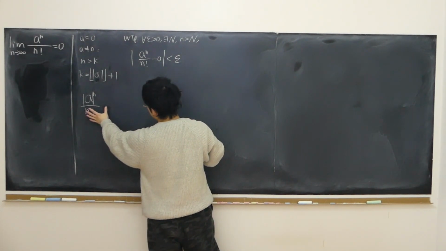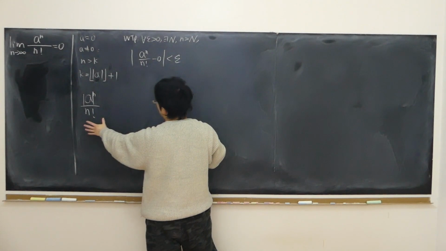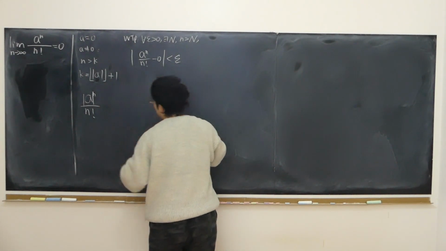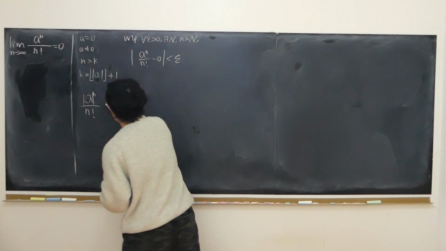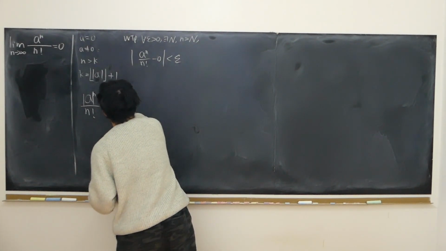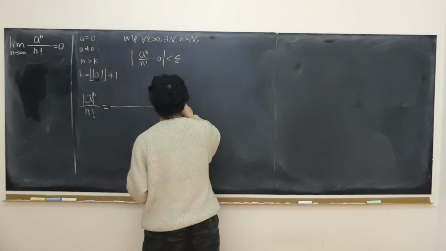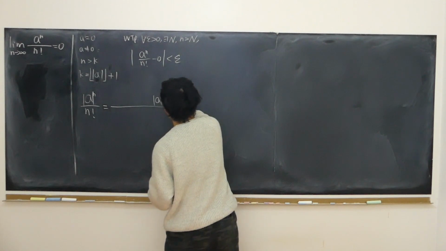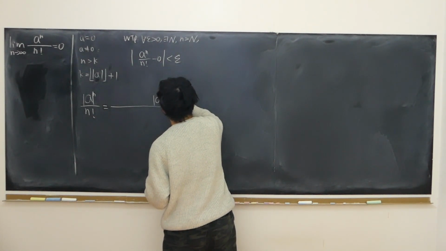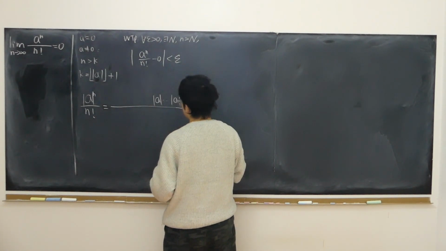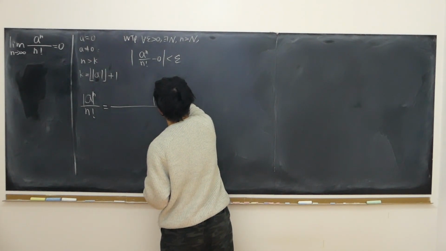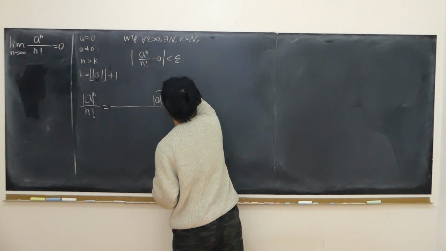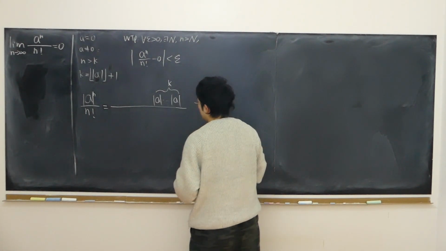First of all, it's impossible for me to solve the inequality right away. But what I can do is rewrite it as the absolute value of a times all the way to the absolute value of a. How many of them? There are exactly k of them.